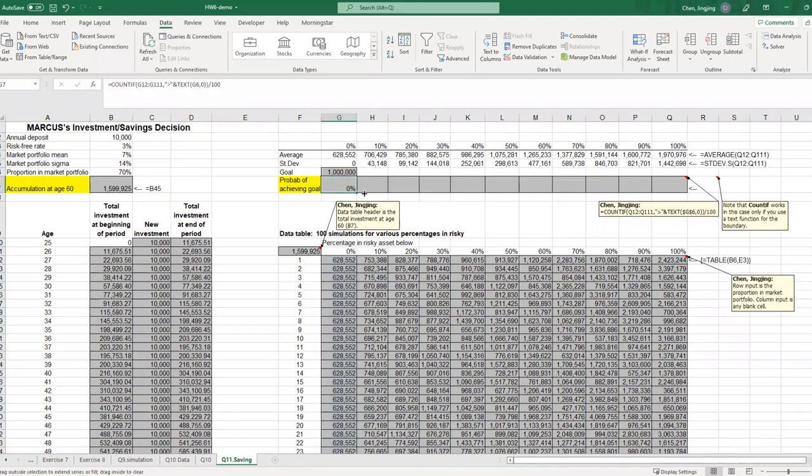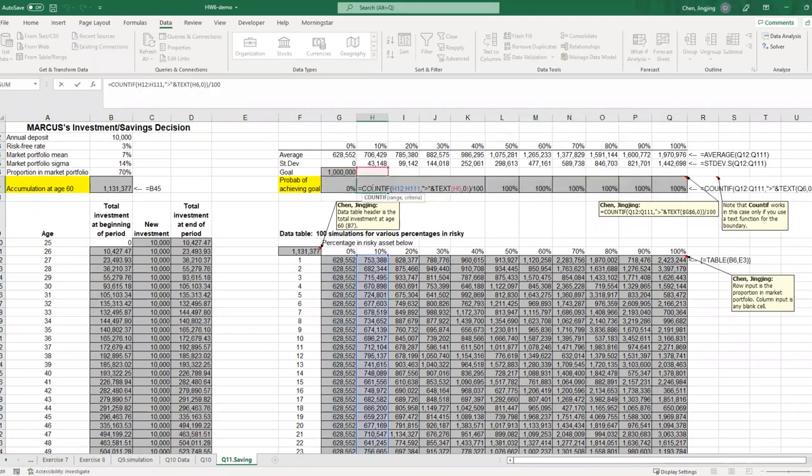So 0% here, bracket. I need to fix the goal.